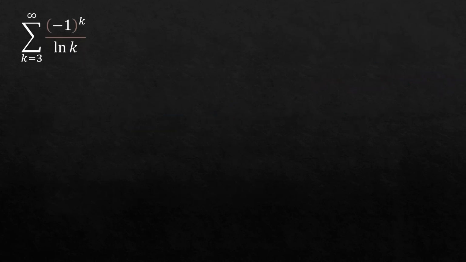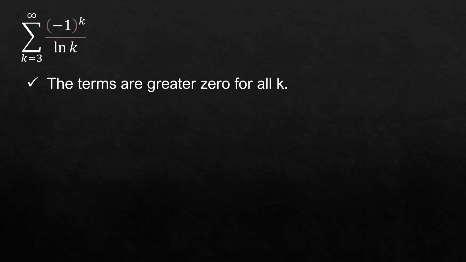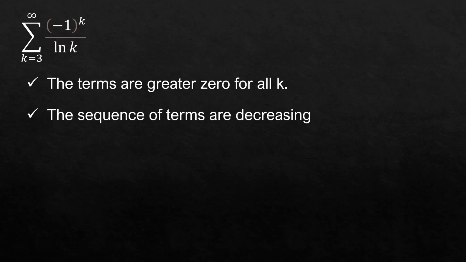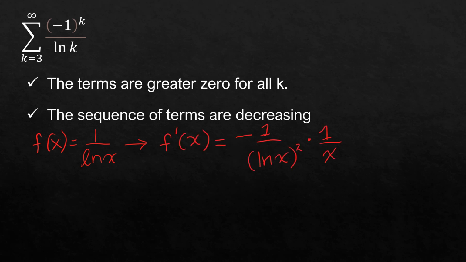All right, here's another alternating series. Terms are greater than 0. The sequence of terms is decreasing. How do we know? If f of x is 1 over ln of x, the derivative would be negative 1 over ln of x squared, multiplied by the inside derivative, which is 1 over x.